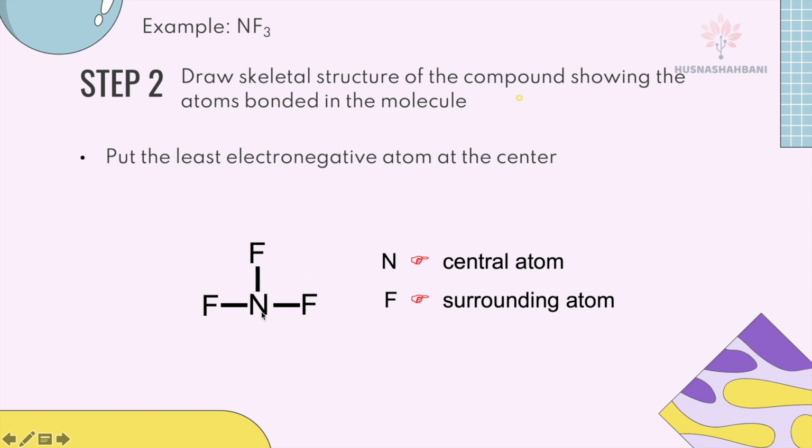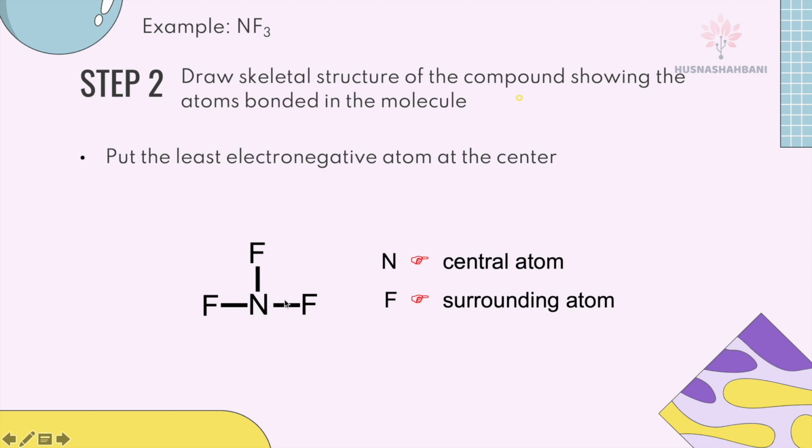N, group 15, F, group 17. Across a period, the electronegativity increases, so group 17 has higher electronegativity than group 15. Thus, fluorine is more electronegative than nitrogen.